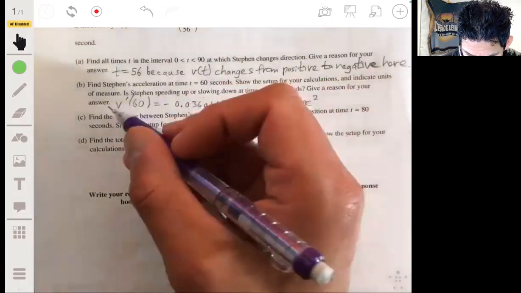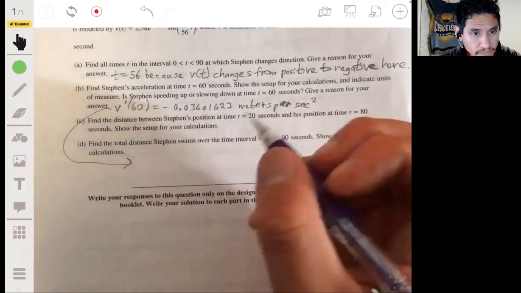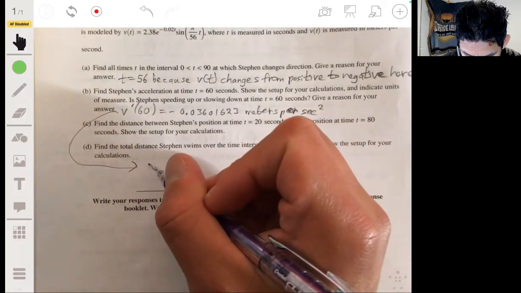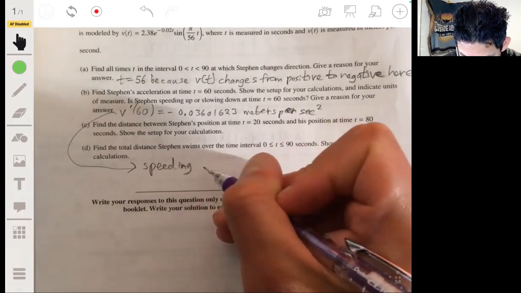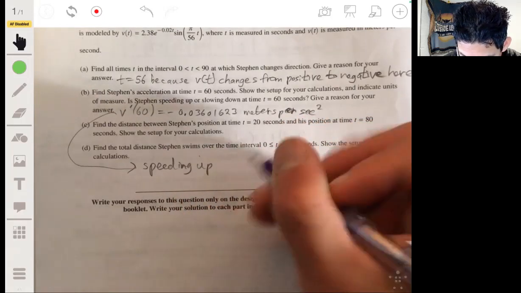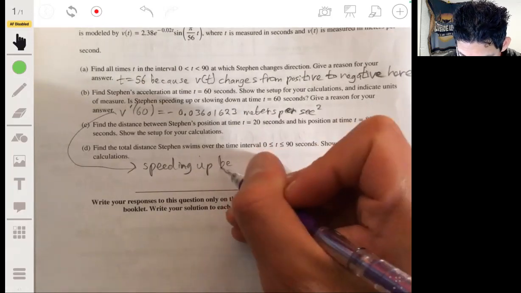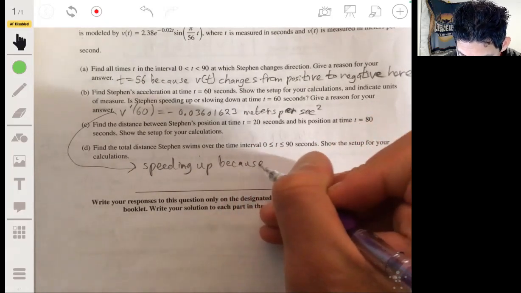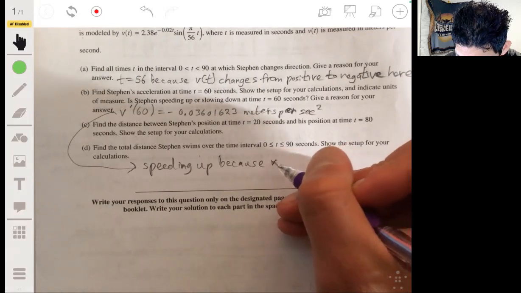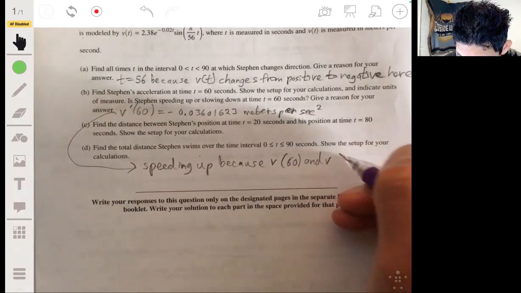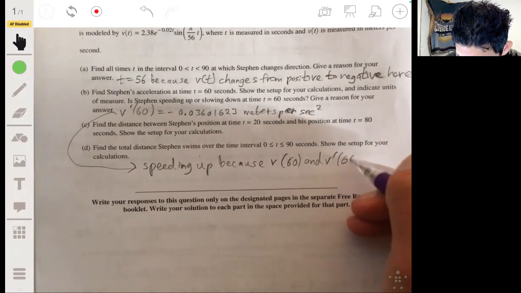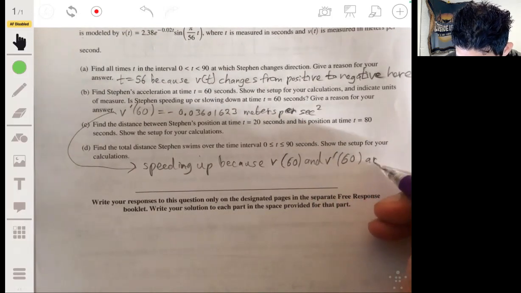I'm going to make you finish the answer here. Speeding up because v of 60 and v prime of 60, or a of 60, are both negative.